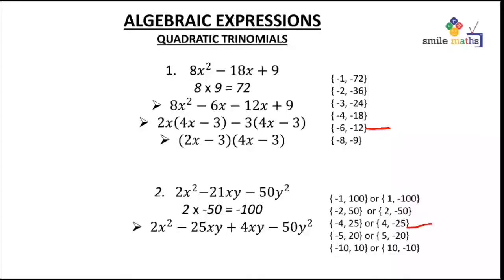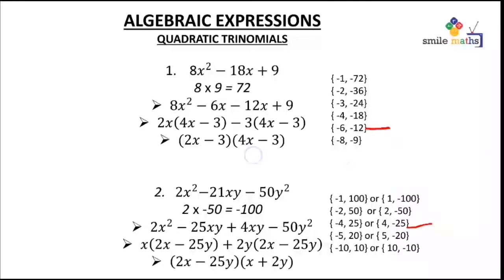So factorizing, we have x out as our common factor, so inside we have 2x minus 25. On the other side also, the common factor becomes 2y, then inside we have 2x minus 25y. So the common bracket becomes 2x minus 25y, then the coefficient also 2x plus 2y.